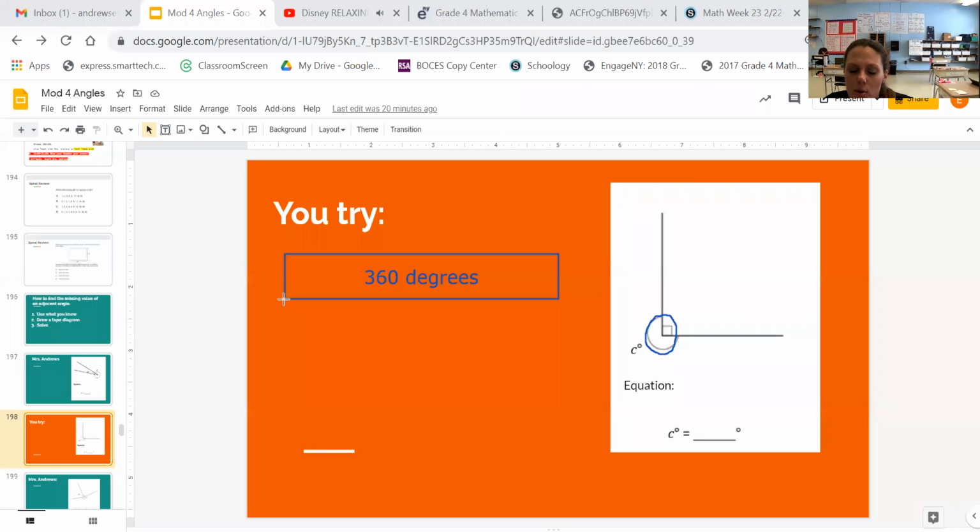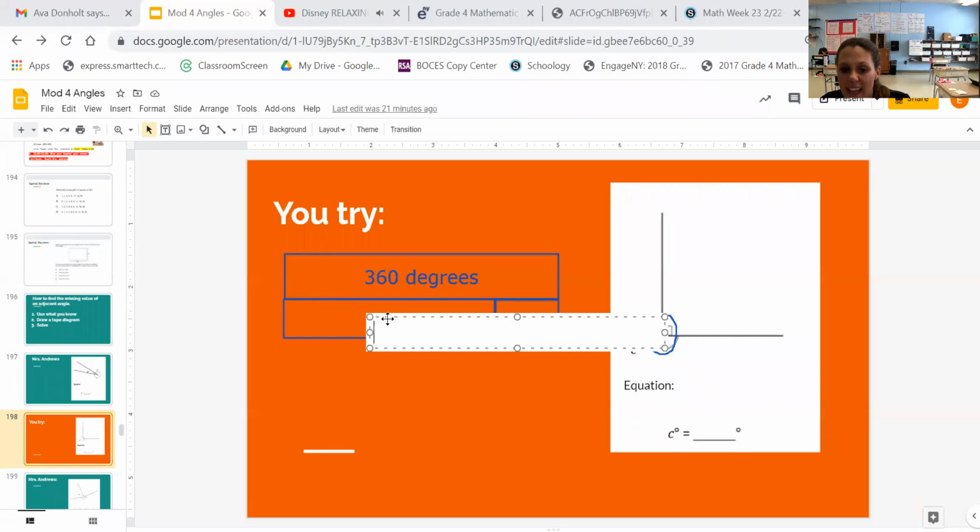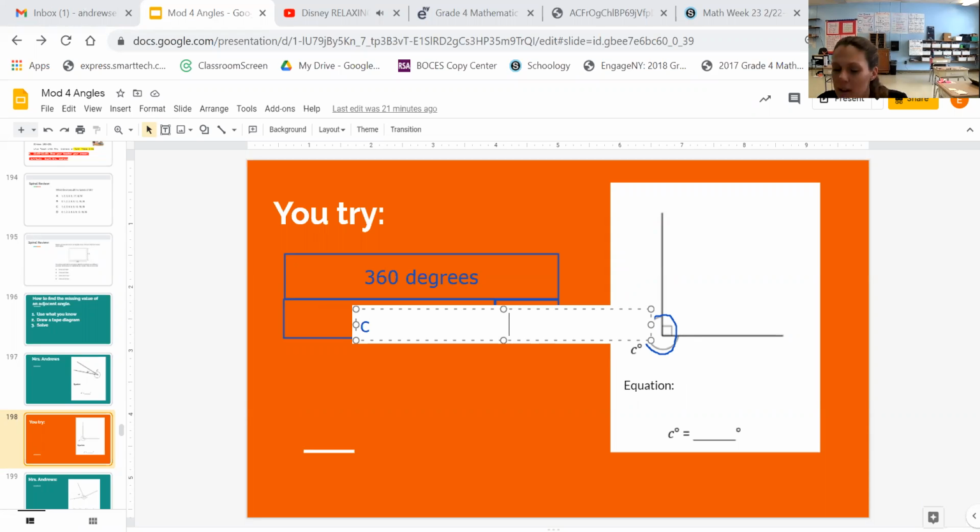So I'm going to draw those two parts, 1 and 2. I know by looking at this that angle C is pretty large. It's almost a full circle. And my friend Ashton always tells me when we see this symbol, we know it's 90 degrees. Now I can write my equation.